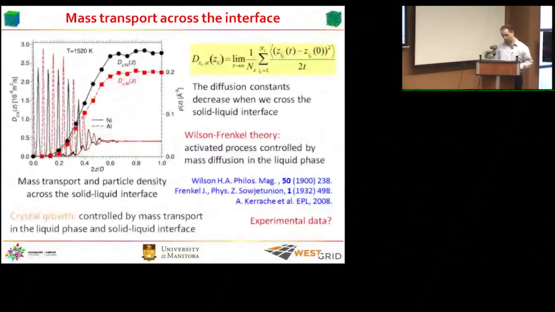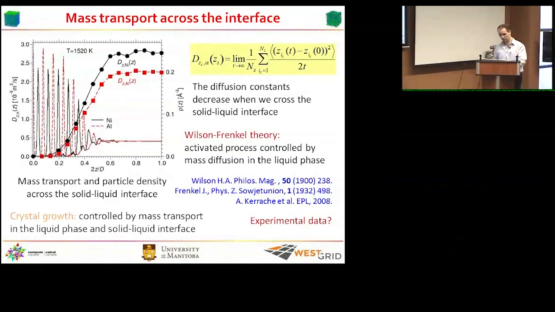So in this picture, just a comparison between the diffusion profile and the density profile. Instead of computing the average diffusion over the whole system, I divided the system into small bins, like I did for the density, and computed the diffusion of the particles that belong to each bin.